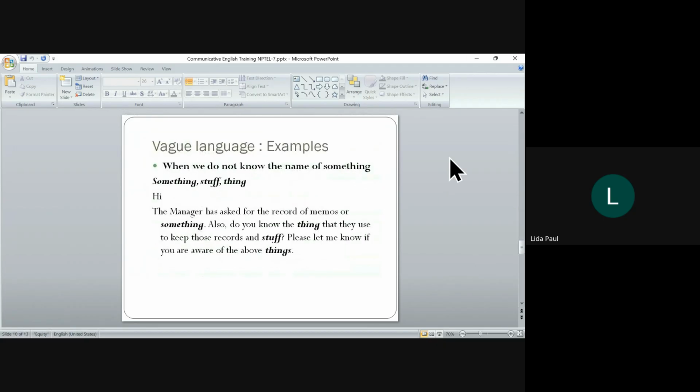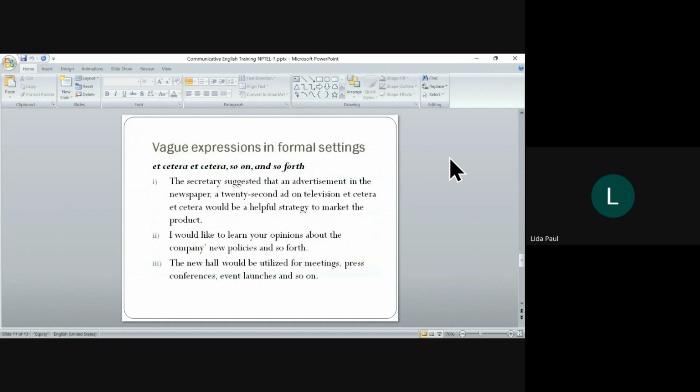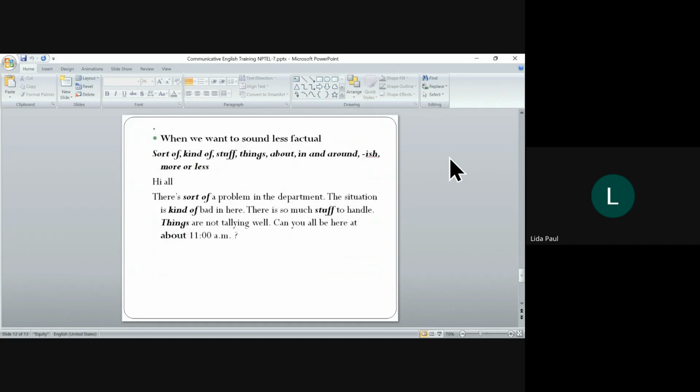Vague language, I think we already discussed: stuff, thing, and so on and so forth. Sort of, kind of, or the conference will start in about half an hour. So about, right? The usage of such words is also considered quite vague and less factual. This event may start in and around.